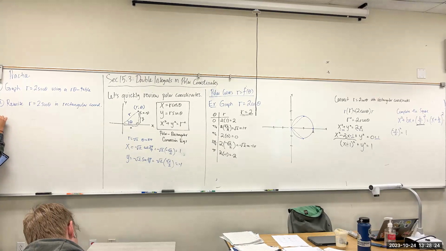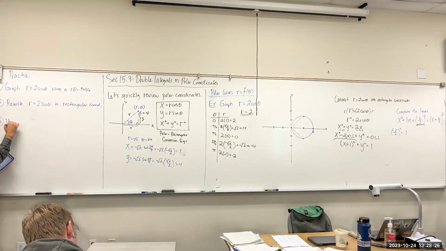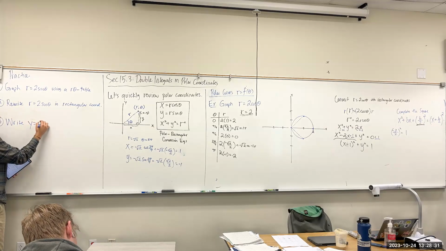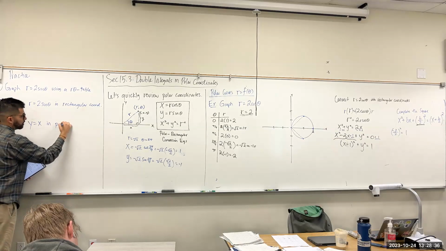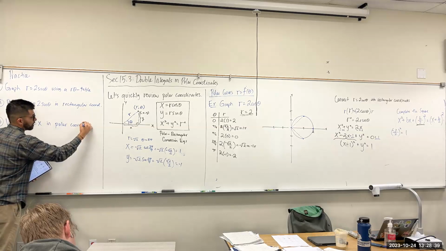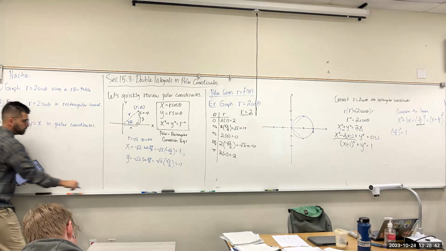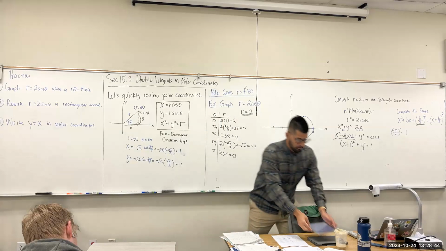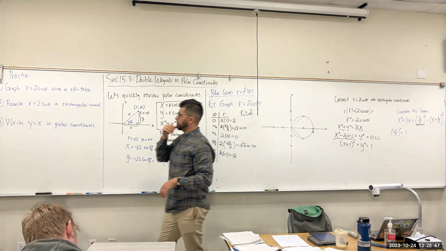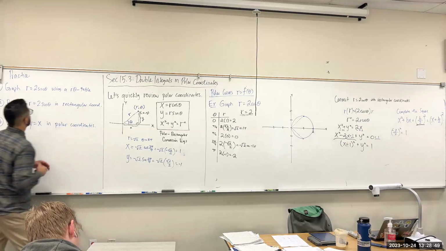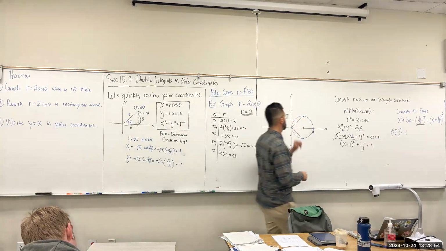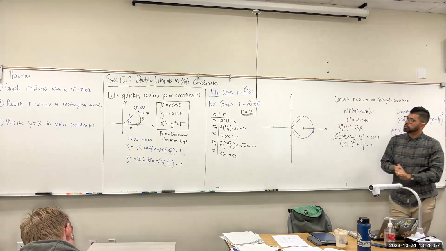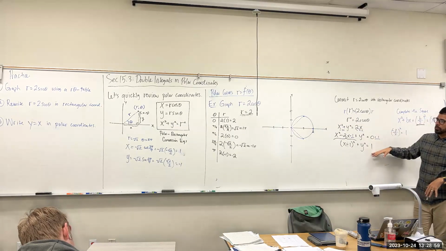And then the third one is a little unrelated to the first two. I'm going to give you an equation in rectangular coordinates, and I want you to write y equals x in polar coordinates. So try to graph this one using a similar table to what we did in plotting points. Then write it in rectangular coordinates like we did with this one.